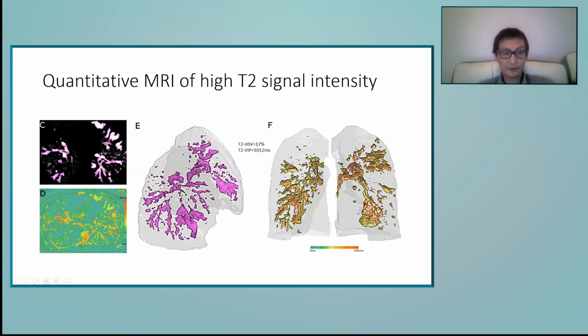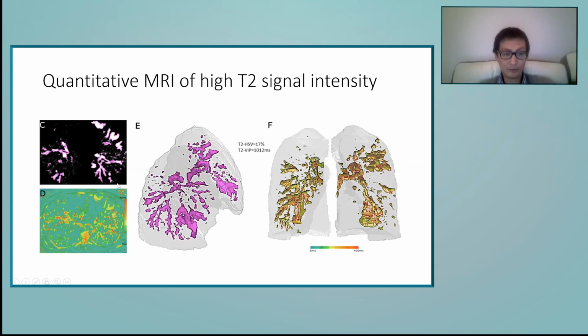So first, because the normal lung is black and the abnormalities have high signal intensity values, we can use a simple thresholding method to extract the information about the high T2 signal intensities and then reconstruct it in a 3D manner to get the volume of the T2 signal intensities.